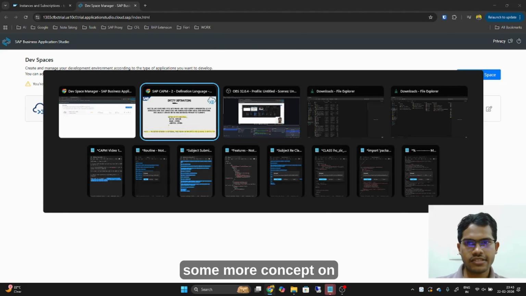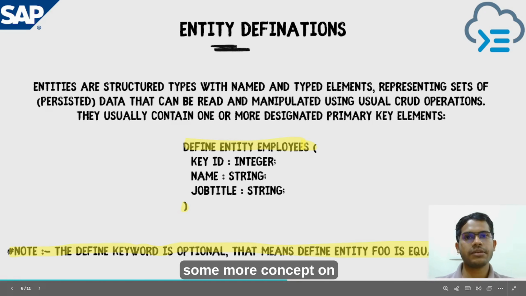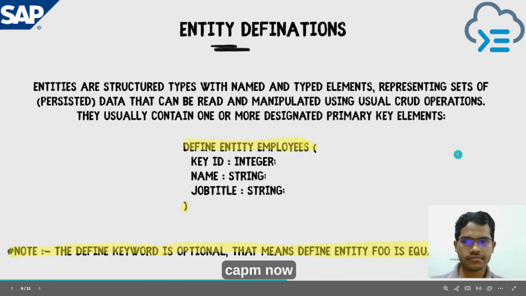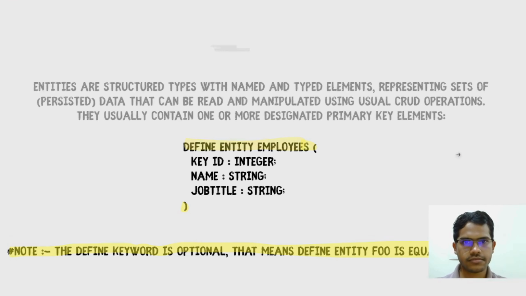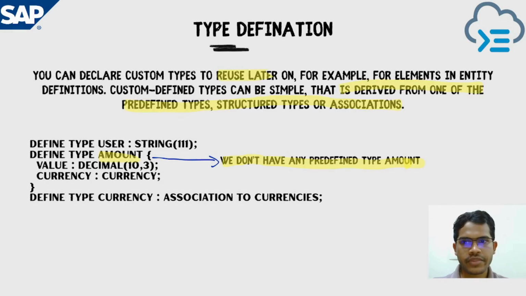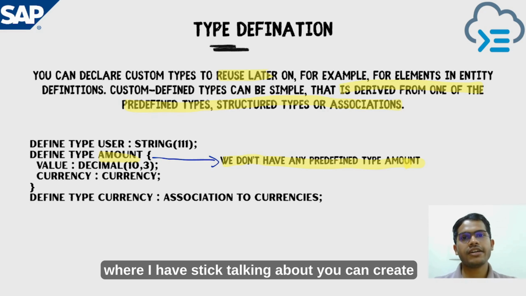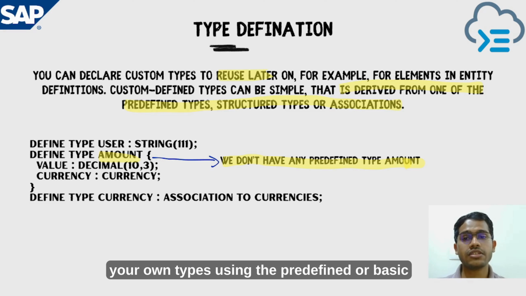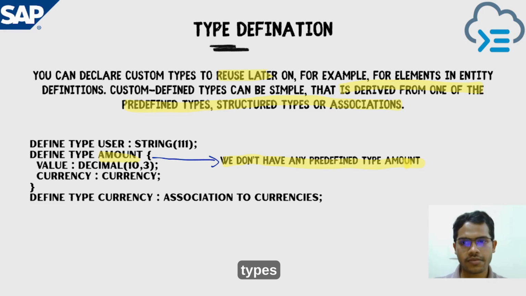Meanwhile, let's see some more concepts on CAPM. This is the slide where I was talking about how you can create your own types using the predefined or basic types.